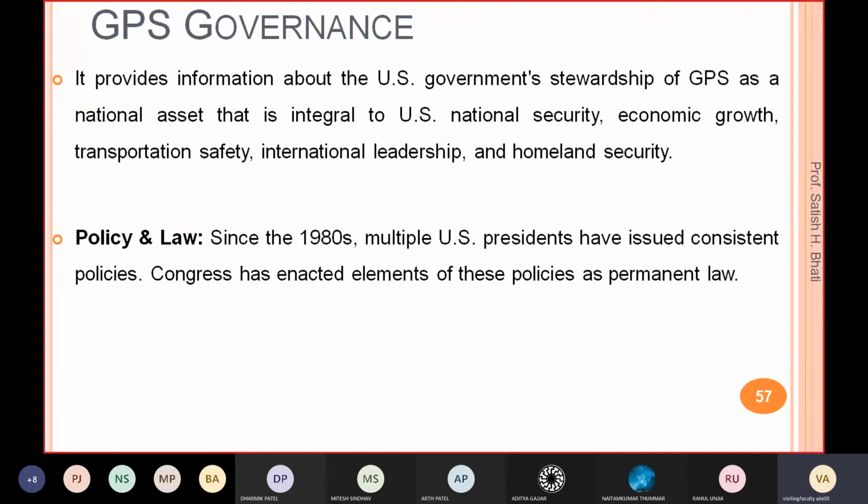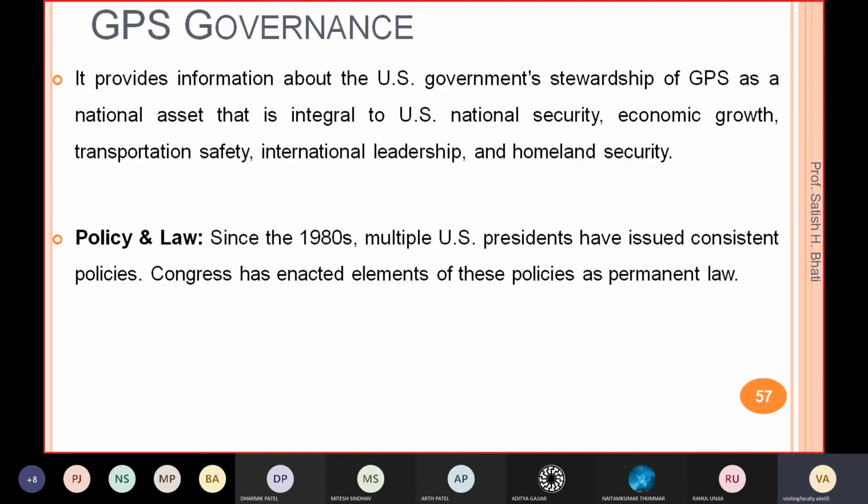Then at the last we can include the spectrum and interference, right? For GPS they are using radio frequency signals, and those signals have a specific range of frequency, right? So definitely those frequencies should not be used by some other user or some other device.